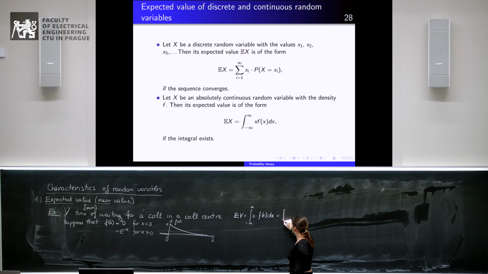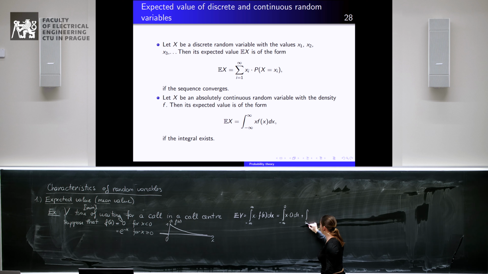And in our case, it is again the sum of two integrals. The integral from minus infinity to 0 of x times 0 dx, because the density is equal to 0 in negative numbers, plus the integral from 0 to infinity of x times e powered by minus x dx.